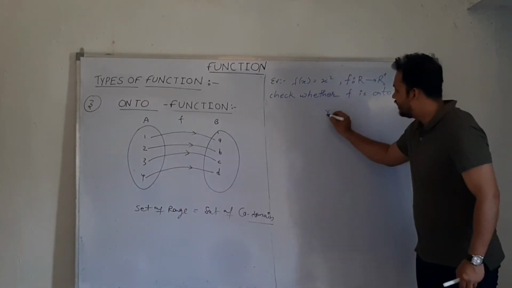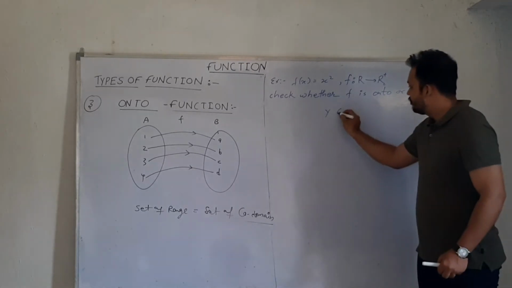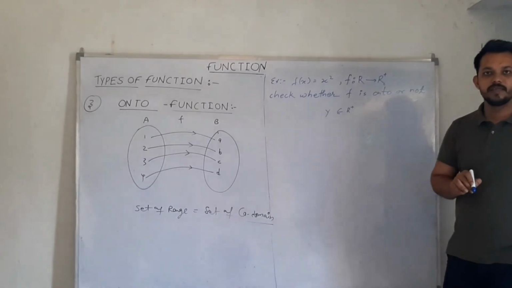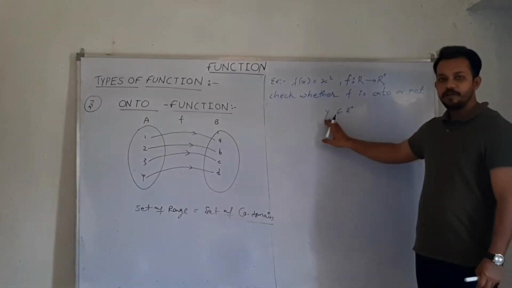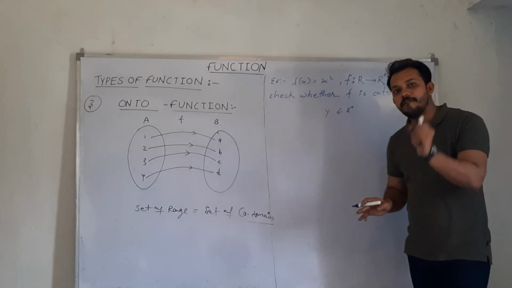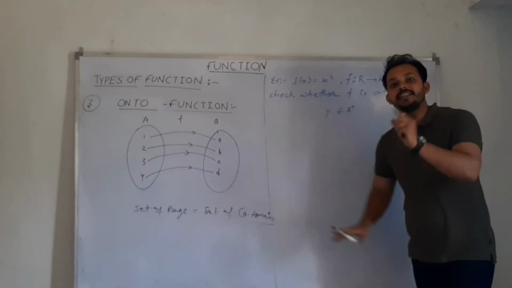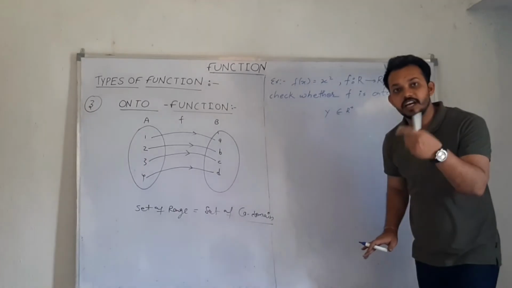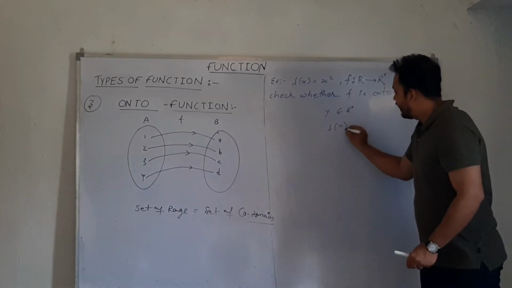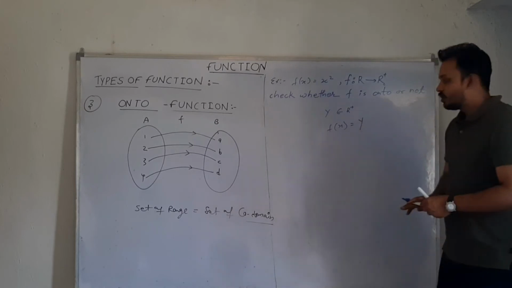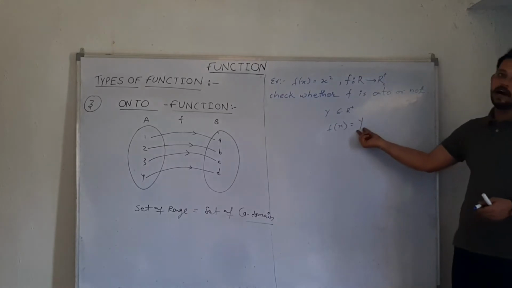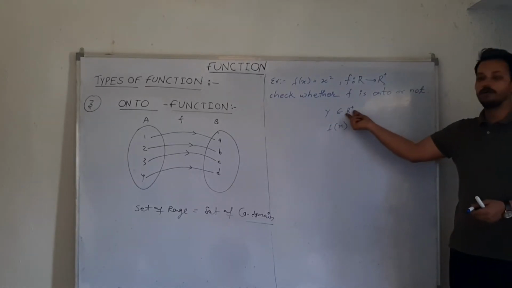Suppose y is an element of the codomain which belongs to R plus. Then, since in an onto function every element of the codomain is in the range, is an image, we can say that f of x is equal to y for some value of x. When you put it in the function, you will get y because y belongs to R plus.